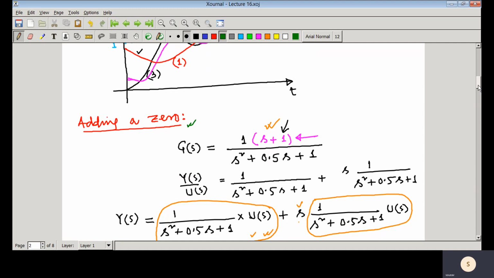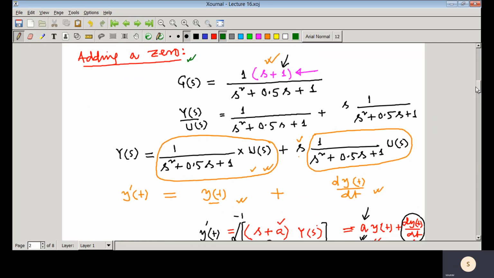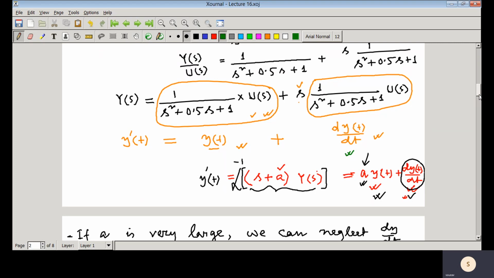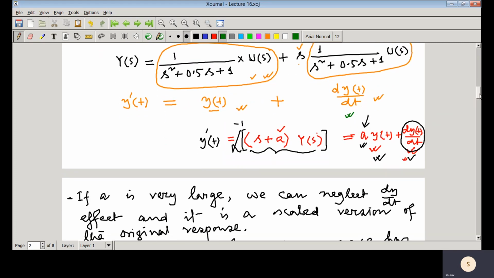And when we add a 0, one extra term appears, the derivative of the output, and as the derivative of the output is typically positive when the system starts, it has some effect.